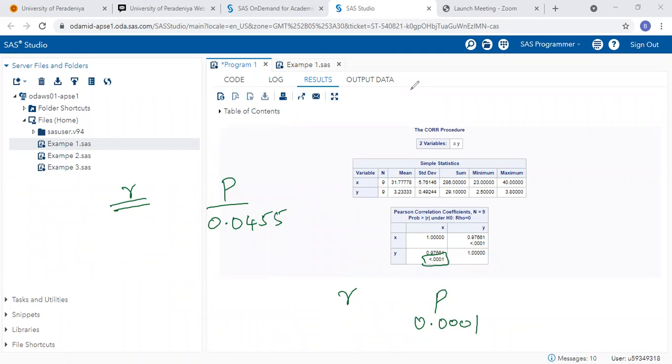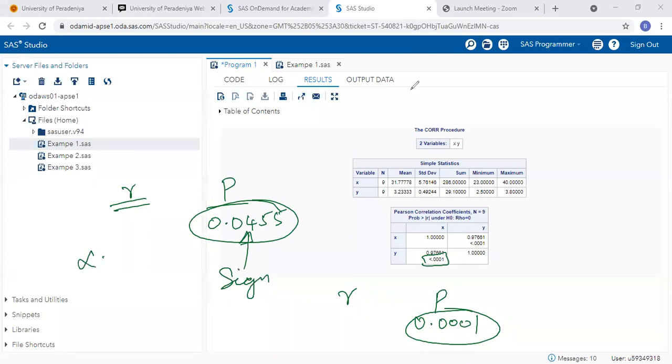Here the p-value is very low, and here the p-value is closer to alpha. By looking at these two, both are significant, because if you take the alpha value as 0.05, this value is less than alpha and this value is also less than alpha.